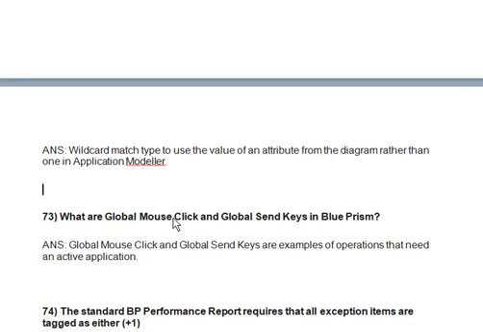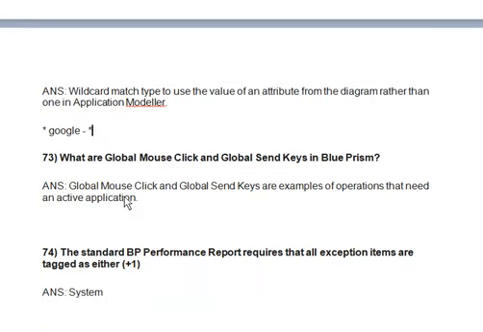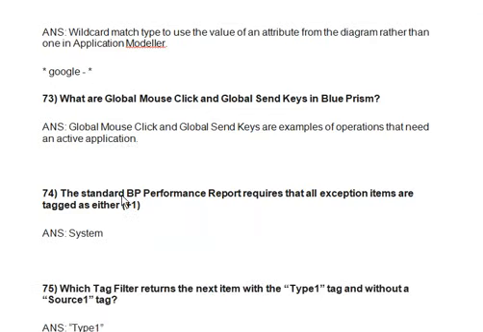Usually the wildcard works like this: if I give Google inside the wildcard characters, it may be IE or Chrome, whatever it is. So I'm simply giving Google. This is the wildcard operator attribute within the modeler.